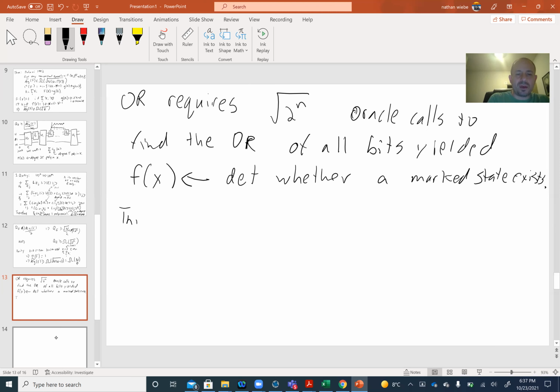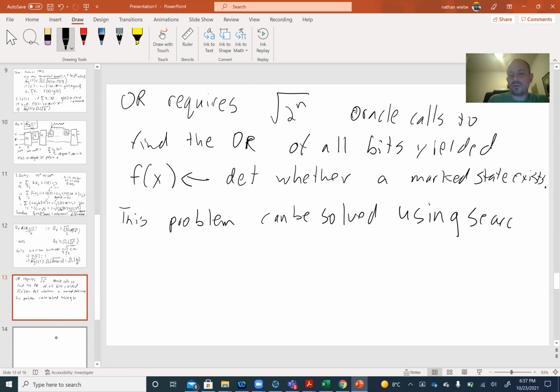This problem can be solved using search in time square root 2 to the n.